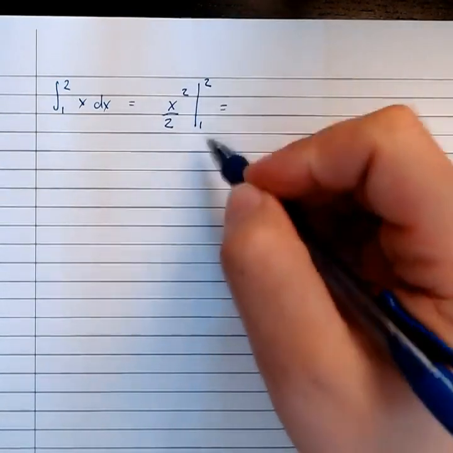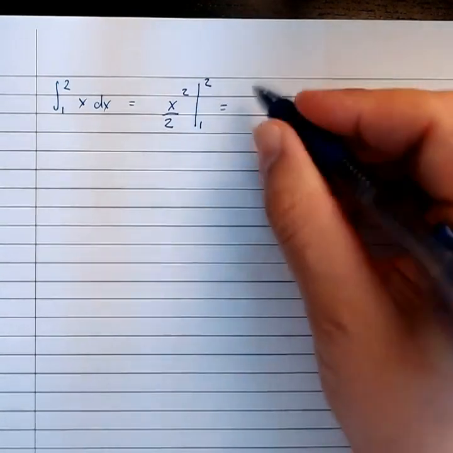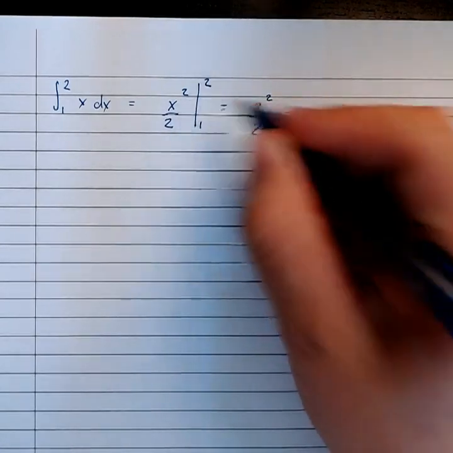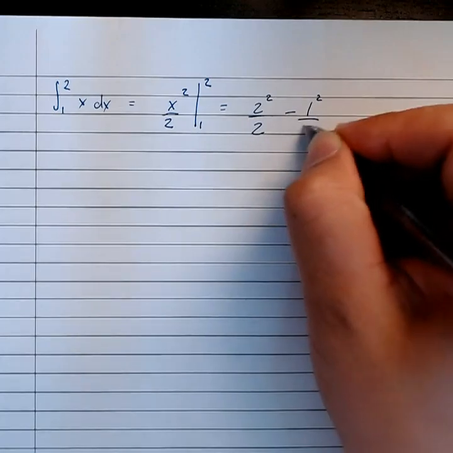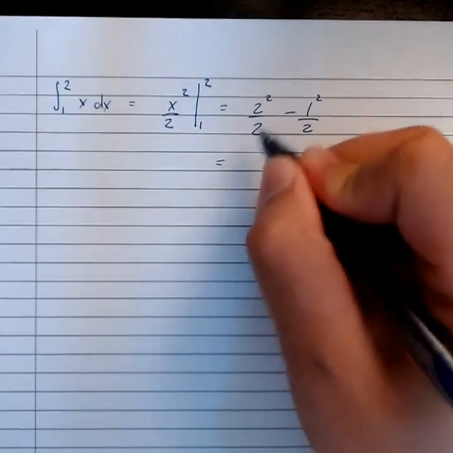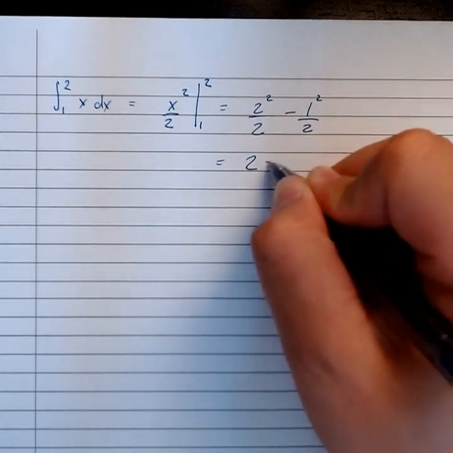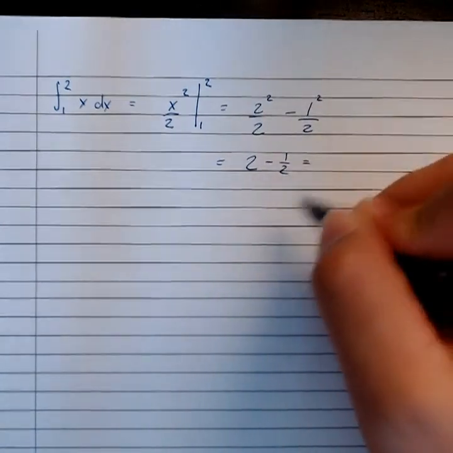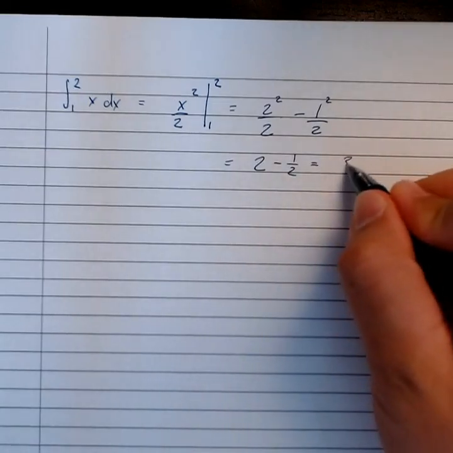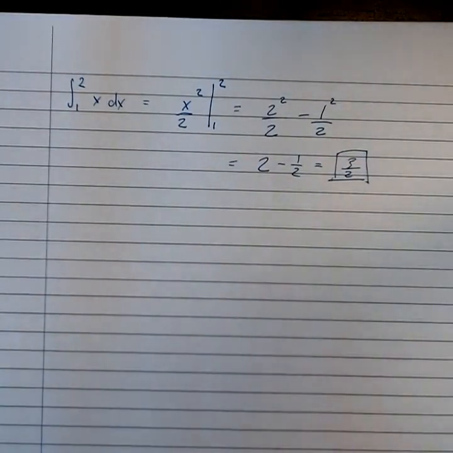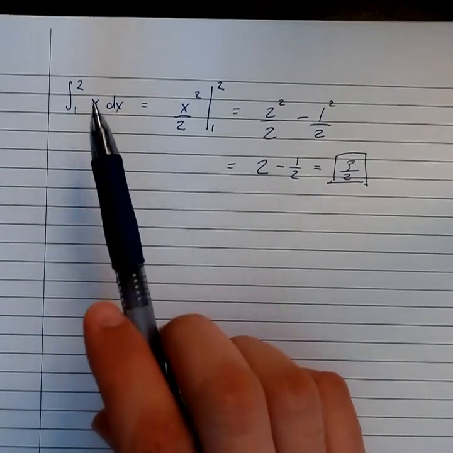When we say we evaluate from 1 up to 2, we mean use the upper boundary and substitute, minus, we're going to take the lower boundary, and we're going to substitute. And then this would give us 4 over 2, which is 2, minus 1 over 2, which we can then subtract to give us our result. The fundamental theorem is a very powerful tool to help you evaluate definite integrals.